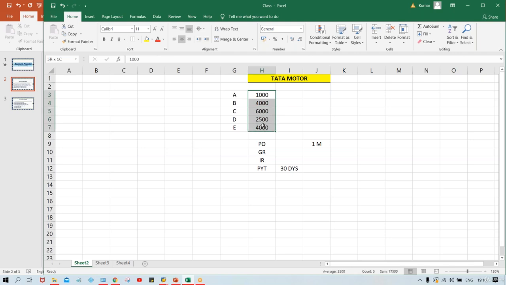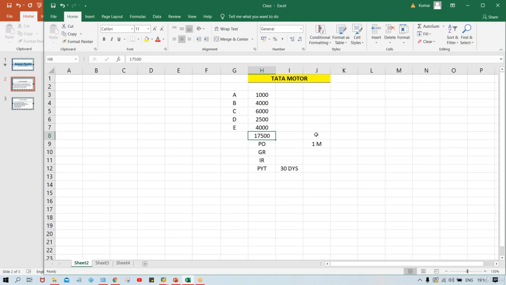Whatever these amounts are, guys, this is your payable. If somebody asks what the total payable is, look here, the total payable is 17,500. If you are going to prepare the financial statement, this total payable is going to be shown, that 17,500 is the liability.